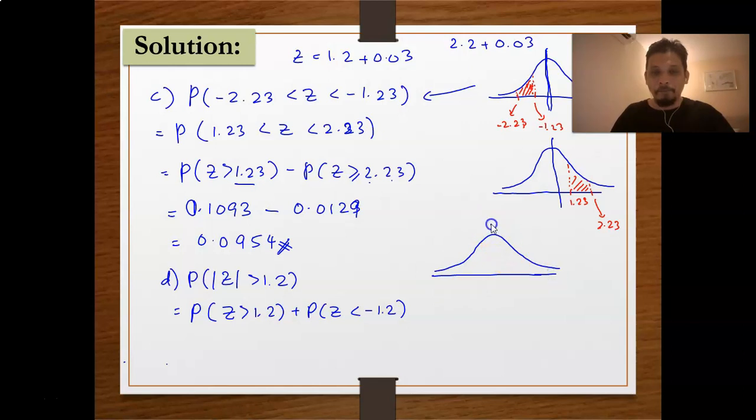So the first one here, Z greater than 1.2, and it is here. Plus probability of Z less than negative 1.2.